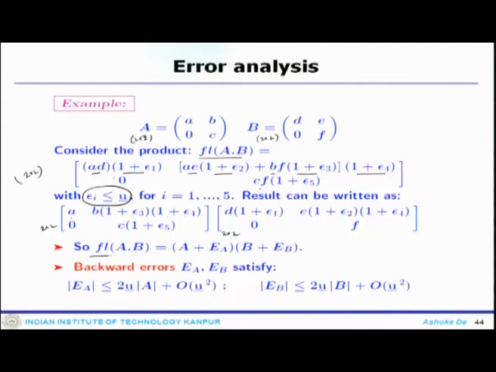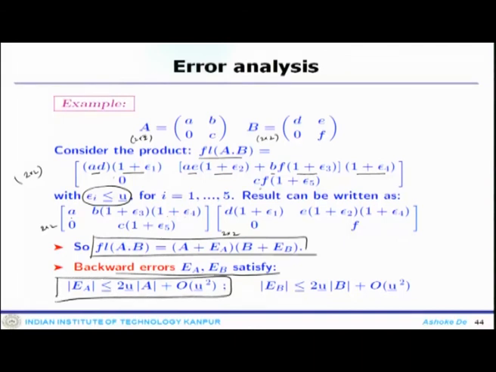So, floating point A dot B is A plus EA times B plus EB. The backward errors EA satisfy the criteria of being less than second order, and this is also less than B. So, this is what you get when you find out the forward and backward error. We will stop here and take it up in the next lecture.